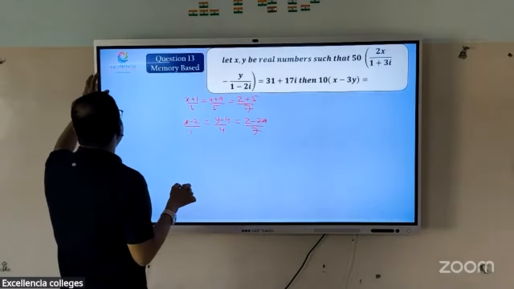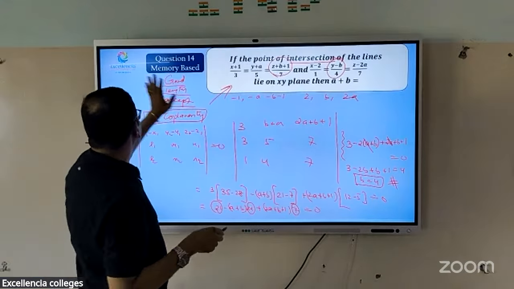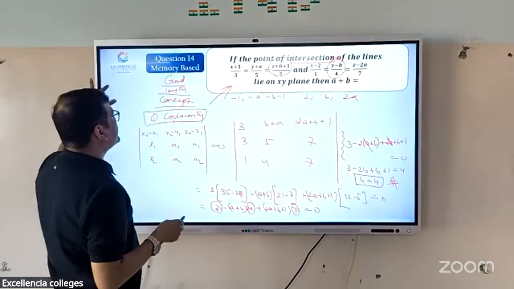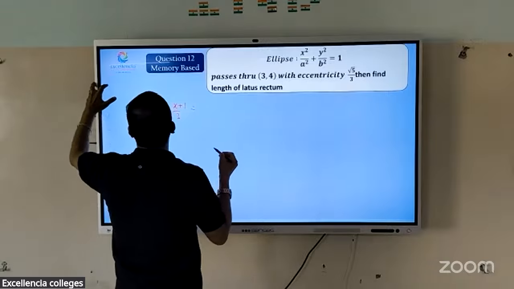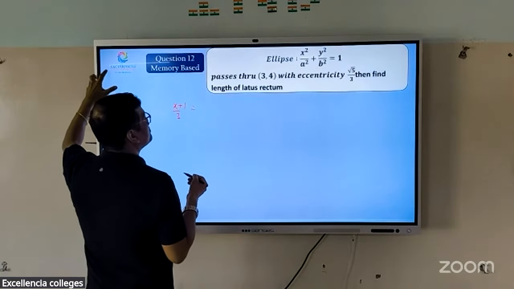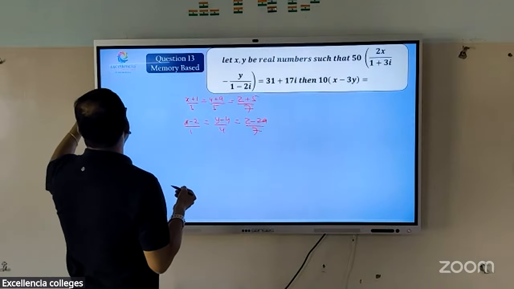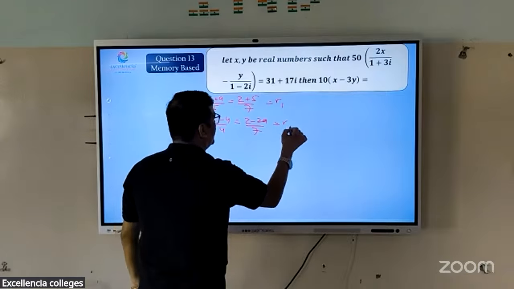Now, one is done. So I'll take the concept of intersection. Intersection will be when R1 is equal to R2.